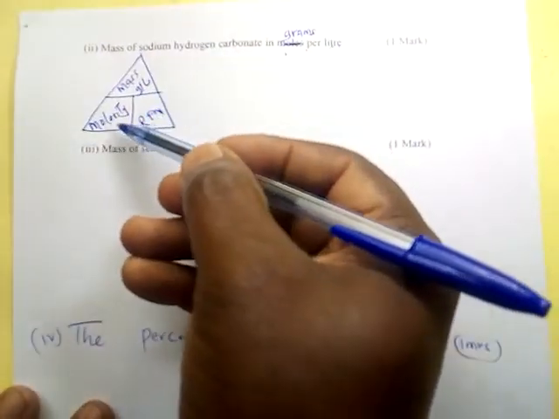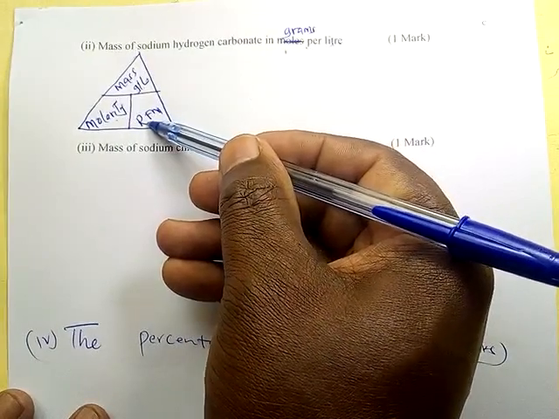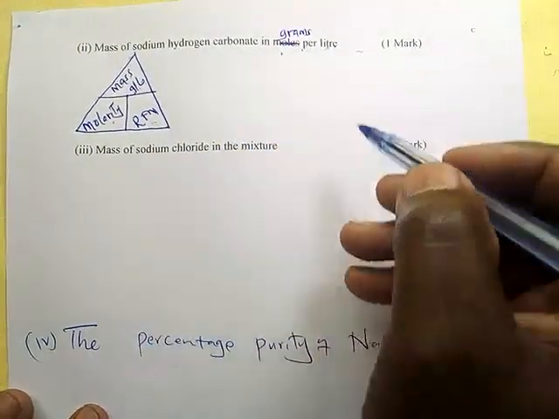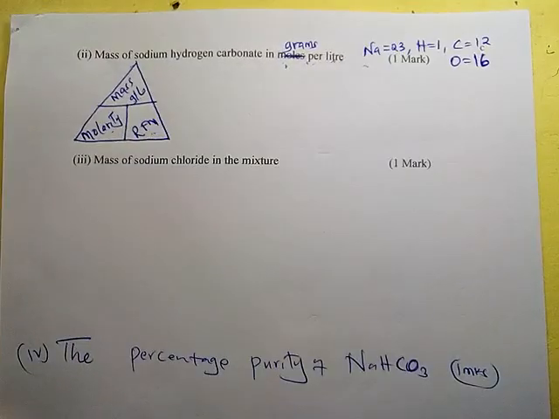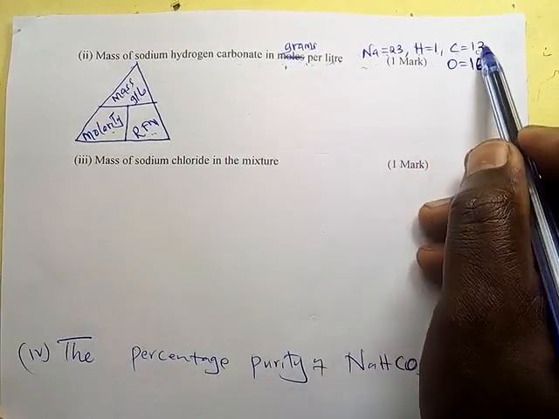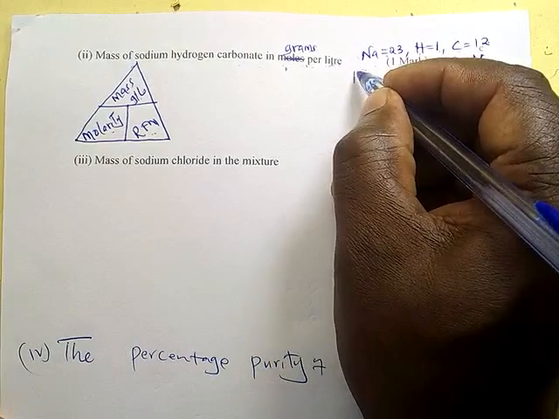From here, if you have molarity, you can get mass in grams if you have the RFM. Something missing here is this one: sodium is equal to 23, hydrogen is equal to 1, carbon is equal to 12. So from here we can get the RFM of sodium hydrogen carbonate.